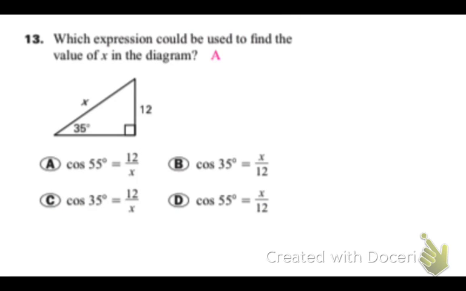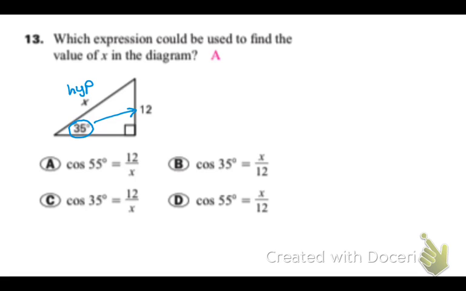Okay, so which expression could be used to find the value of x in the diagram? Now, this is a little tricky. So here's x, and x is the hypotenuse. Now the angle we're given is 35. But then we're given 12.